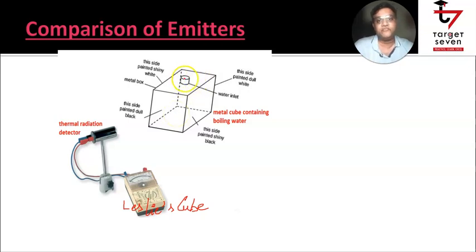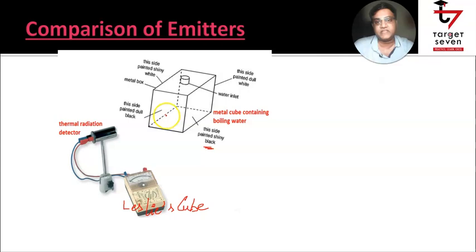Therefore, we can fill this cube with hot water, a metal cube containing boiling water, so that the temperature of the substance present inside will be maintained the same. Each face here has a different color. For example, this side is painted shiny black.